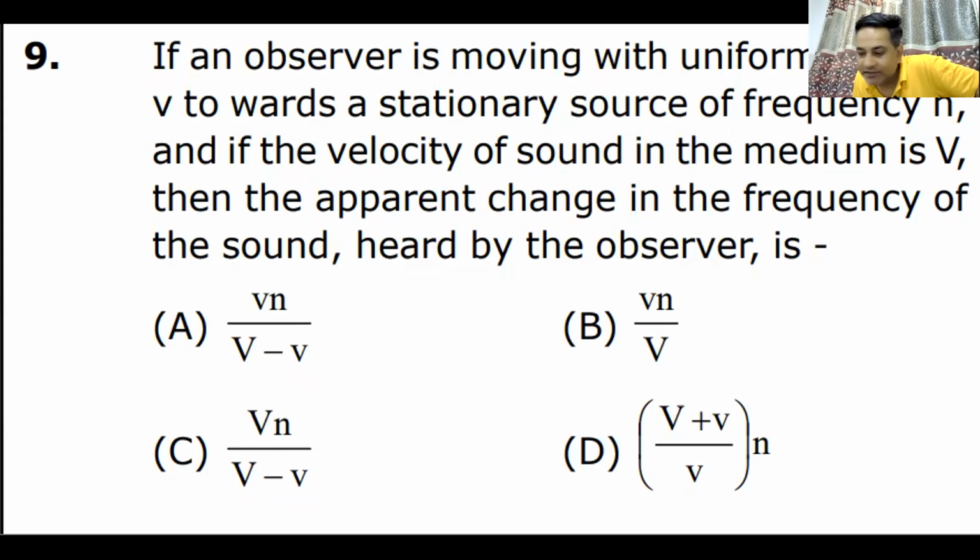We have seen the formula. Obviously, none of these formulas are matching. It is 2 times v into V naught divided by capital V. So the answer is B, but the only thing is 2 is not mentioned here, so you must mention 2.